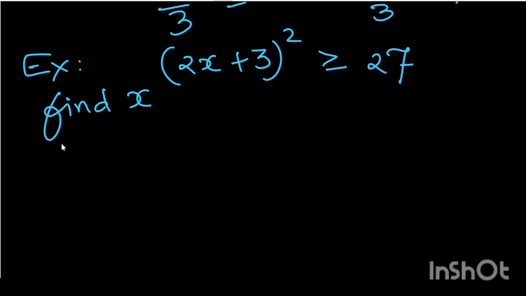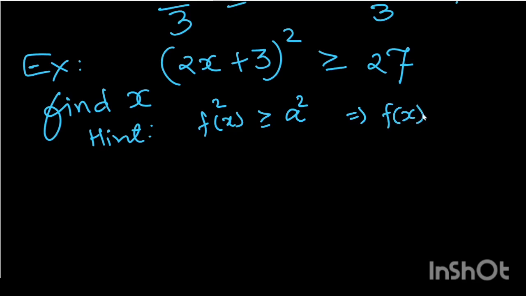So yes, the hint would be this only. You will get f(x) square greater than or equal to alpha square, which gives f(x) greater than or equal to alpha, or f(x) less than or equal to minus alpha. So here f(x) is what, guys?